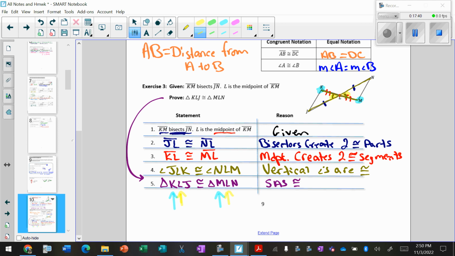They're vertical angles, so those are equal. And then angle J and angle N, those are the corresponding pairs that match up. So your letters have to show which angles are congruent. The order does make a significant difference. You have to make sure that it's correct.